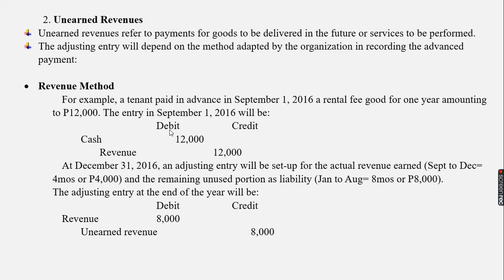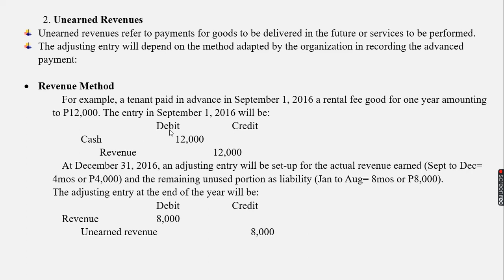So, nagbayad daw yung tenant ng rental fee good for 1 year noong September 1, 2016 for 12 months. So, yung entry mo, September 1, 2016, syempre nakatanggap ka ng cash, which is 12,000, and revenue for credit na 12,000 din, di ba?